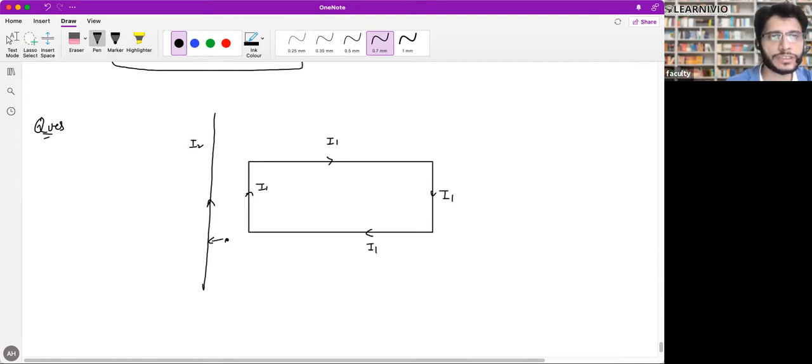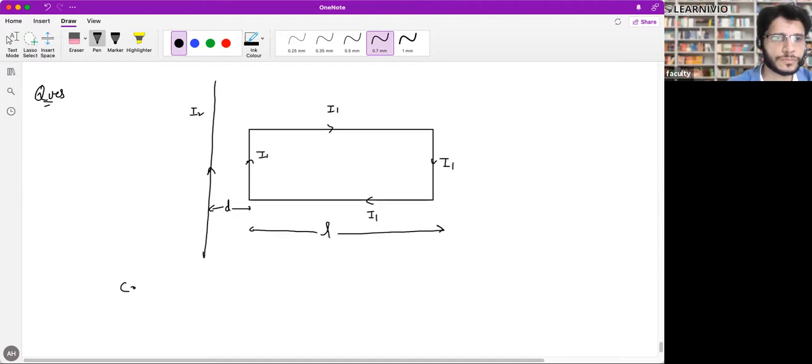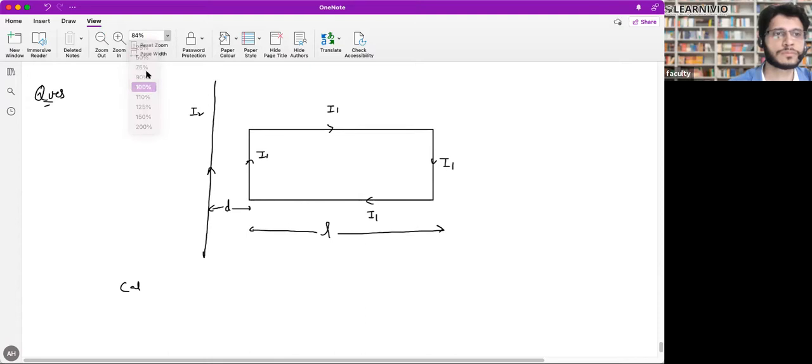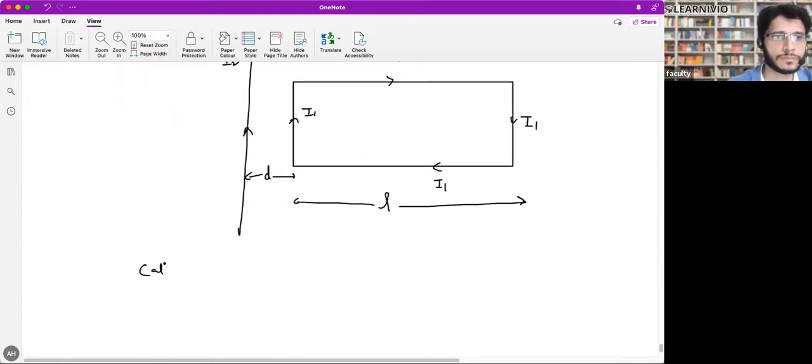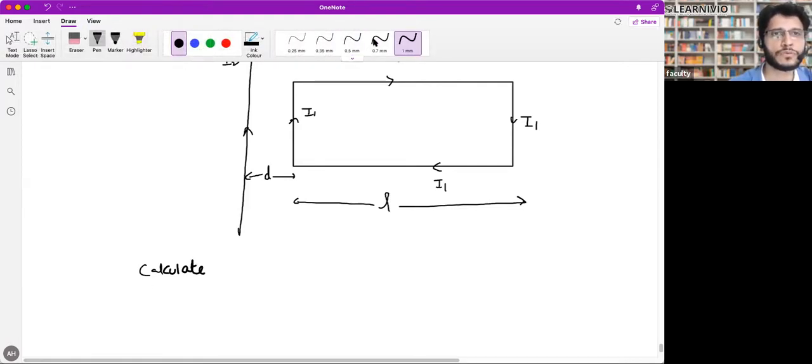Let's call this separation as D. This is the length L. Calculate force on the coil due to the long conductor.